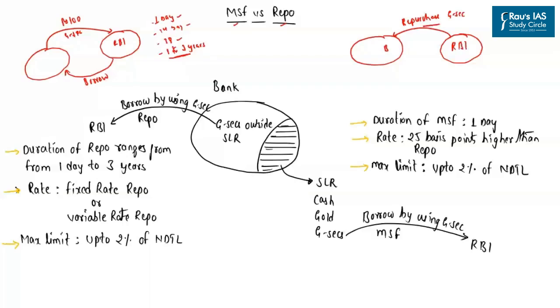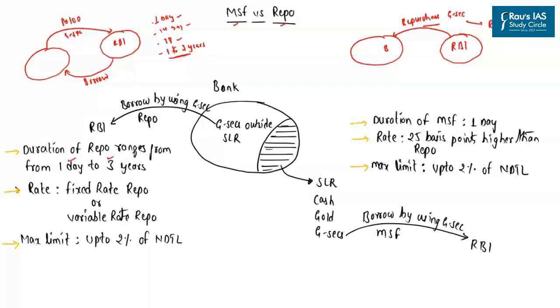The rate at which the bank is repurchasing the government security, this itself we call the repo rate. So repo's duration could range from 1 day to 3 years. As I said, now we have introduced even the long-term repos.